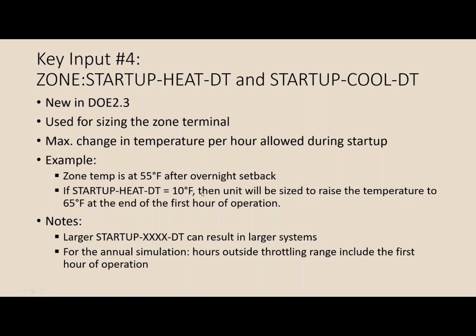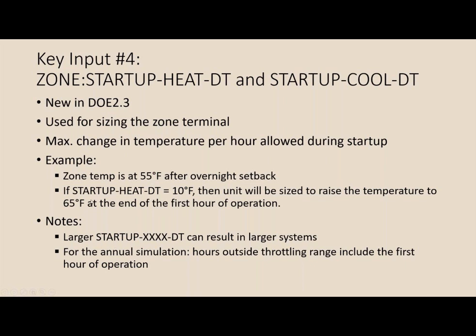When the program is doing sizing calculations and determining the size of the equipment, it's going to be sized such that the temperature will be raised to no more than 65 degrees during that first hour. And if your actual thermostat set point is, say, 72 during that hour, then you would end up with an hour outside throttling range based on this configuration of a severe nighttime setback to 55 and a relatively low startup heat DT.